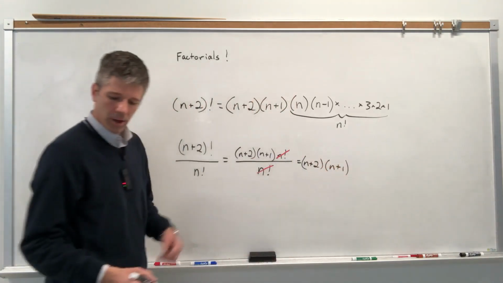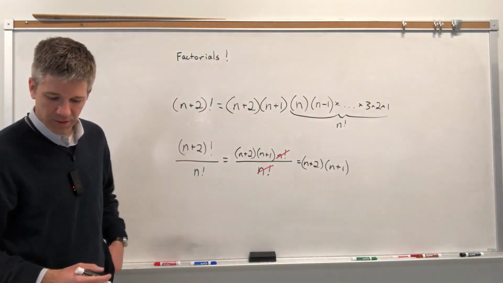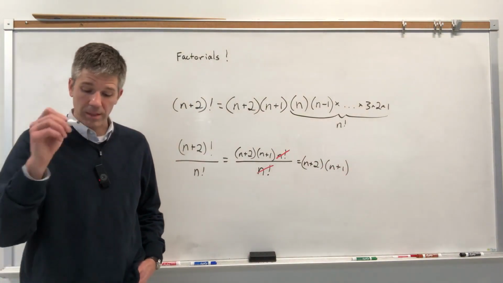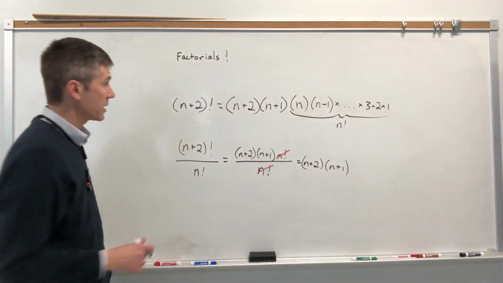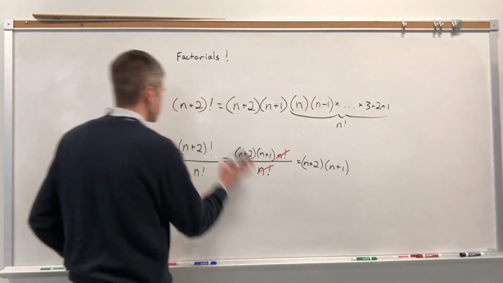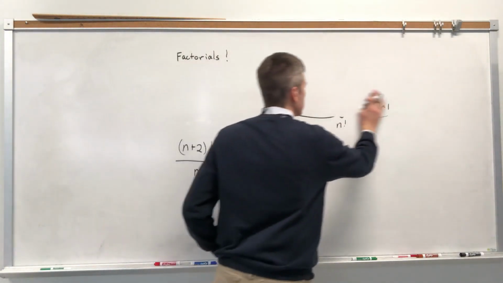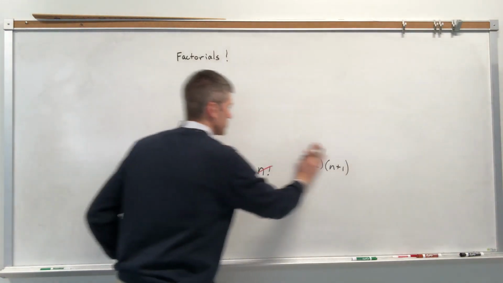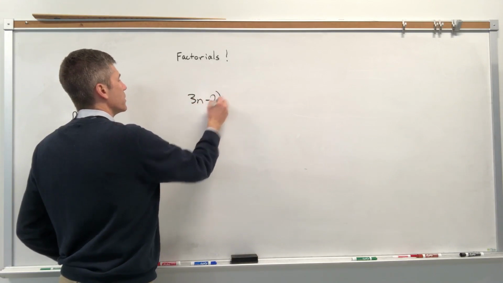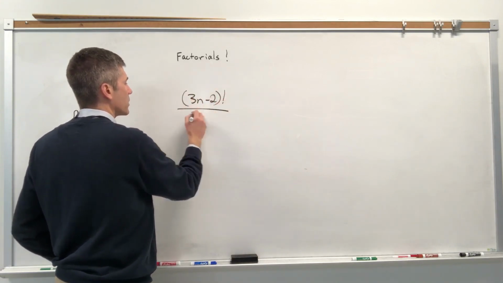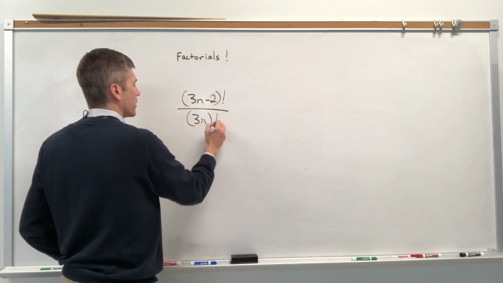Okay, one more little part of this, and we are asked to simplify 3n minus 2 factorial over 3n all factorial. Things get a little tricky on this one, so let's erase some things. 3n minus 2 factorial over 3n factorial.